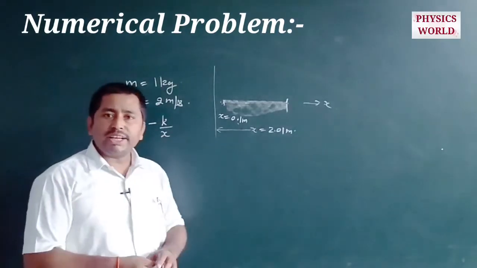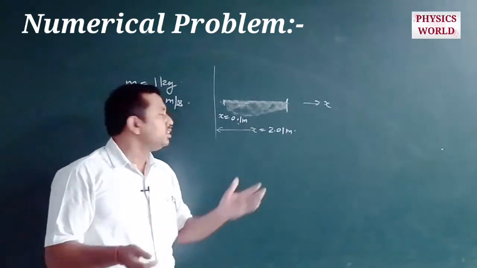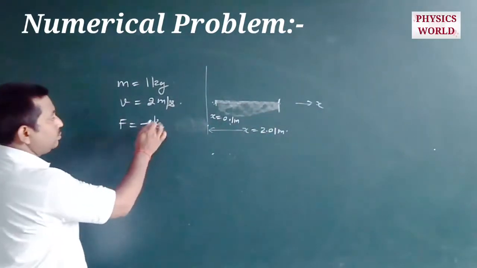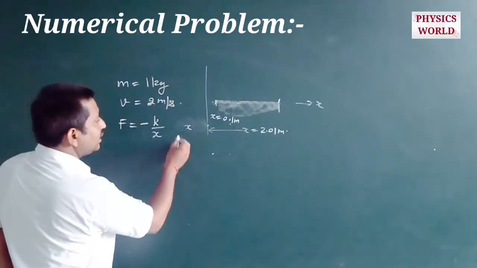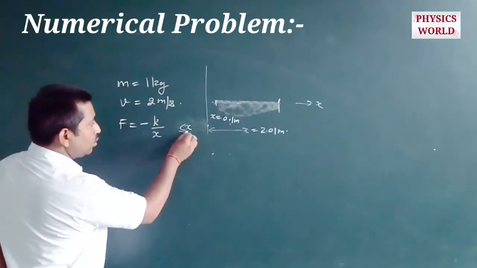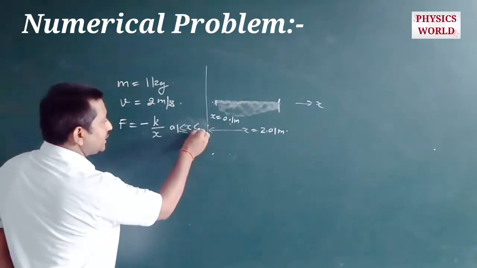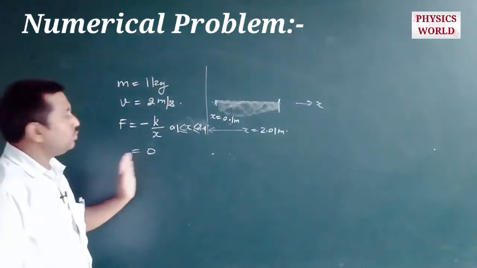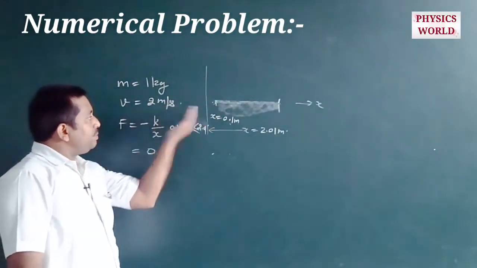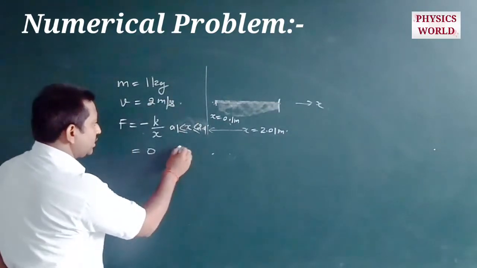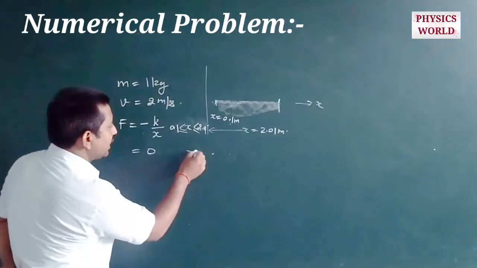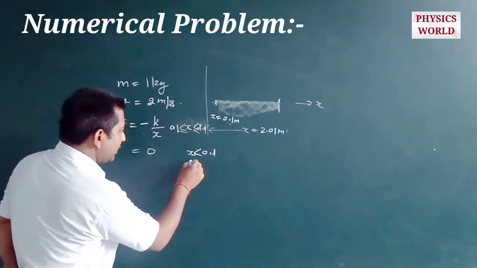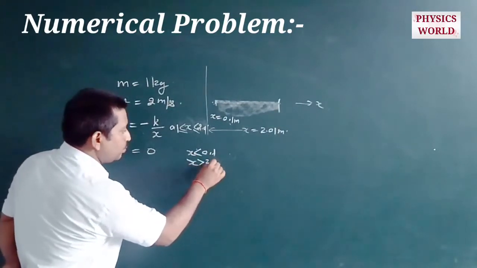Okay, so what will be the amount of work done by this resistive force? We can calculate it by the work energy theorem. We can write the force as equal to minus k by x when x is greater than or equal to 0.1 and less than or equal to 2.01. But this resistive force is 0 when the object lies before 0.1 meter, that is when x is less than 0.1 and x is greater than 2.01.